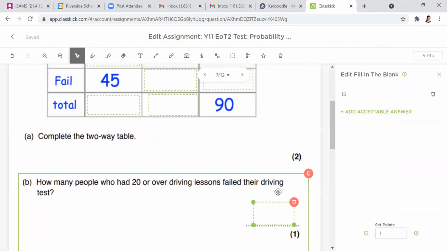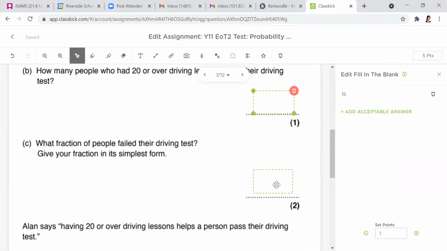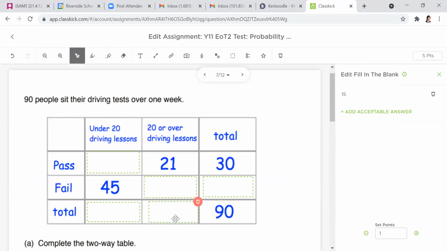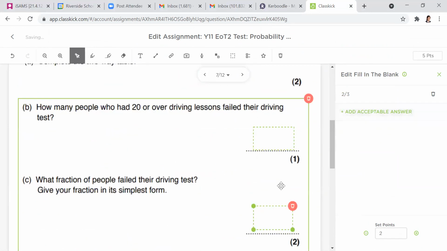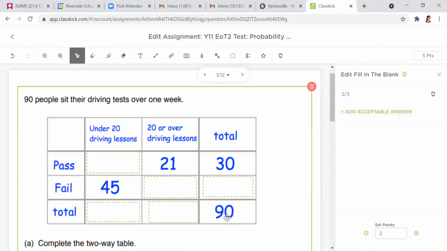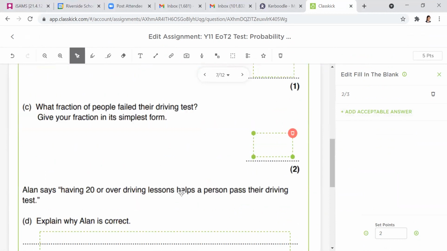It was 15. Okay. What fraction of people failed their driving test? So fail total would be this one. It was 2/3. Okay, simplest form. I think the answer was 60 out of 90. Yeah, 60 out of 90. This one over that one, 2/3.